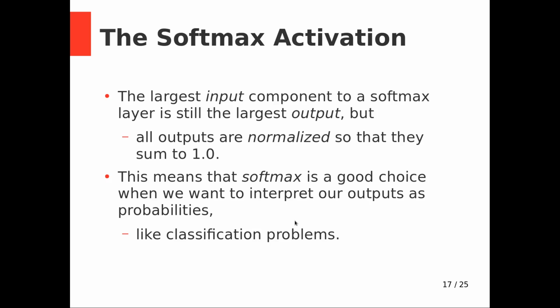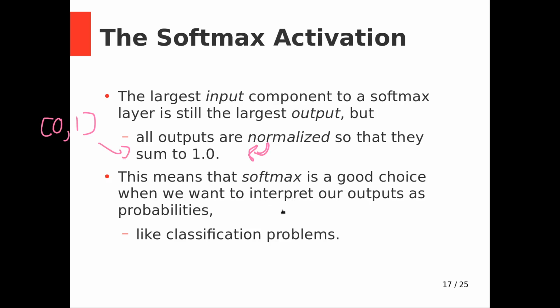After you apply it, the largest input is still the largest output, but all of the elements are normalized so that they all sum to 1. And I should say, they are all in the range 0 to 1.